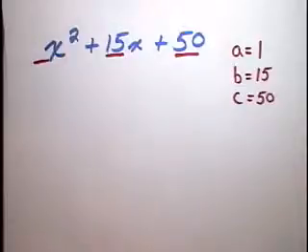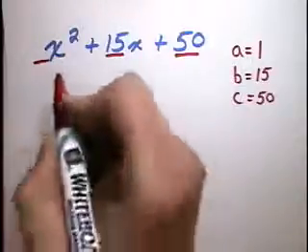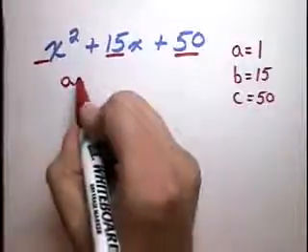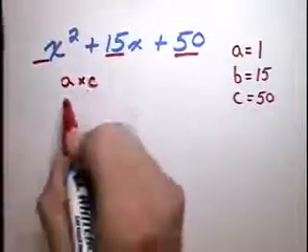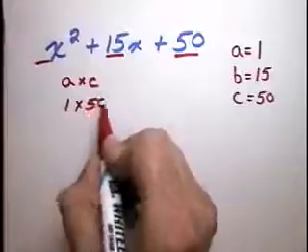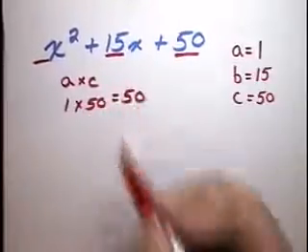The handout then says to calculate the product of a and c. Product means to multiply. a times c in this case will be 1 times 50, which is 50.